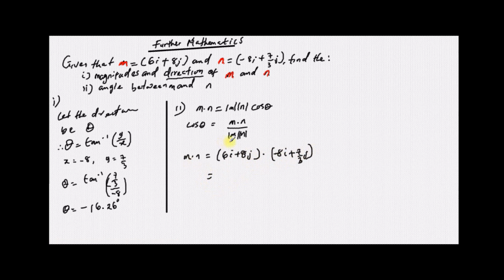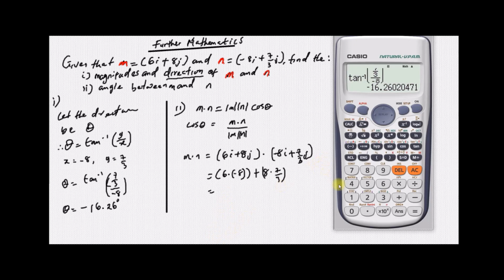So m dot n will give us a scalar. In this case, we have 6 dot minus 8, plus 8 dot 7/3. So all we need to do is to multiply.